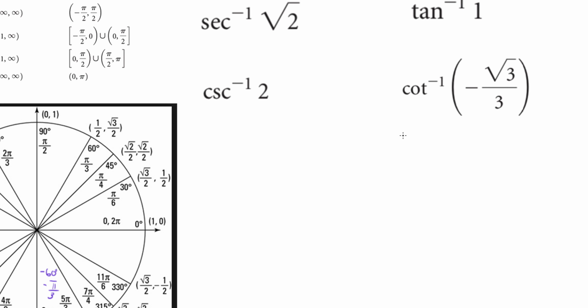So square root of 2, what is the reciprocal of square root of 2? Well, it's 1 over square root of 2, which if we rationalize gives you radical 2 over 2. So that will be the reciprocal of square root of 2, which is going to be this value right here. Okay, so secant inverse of square root of 2 is going to be pi over 4 or 45 degrees.